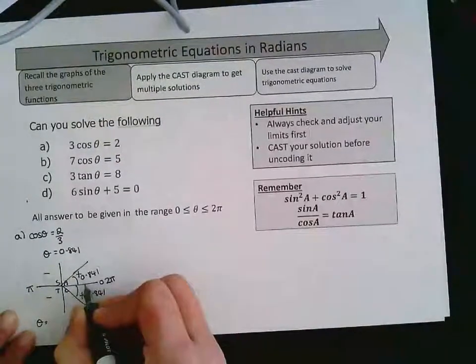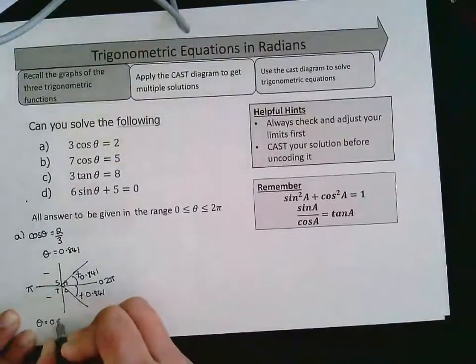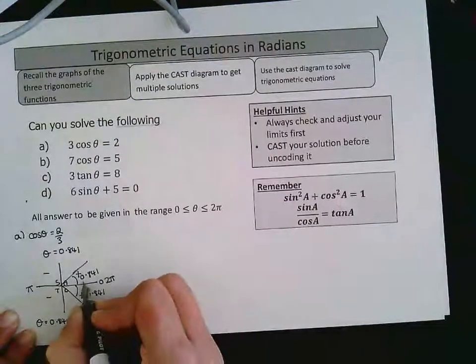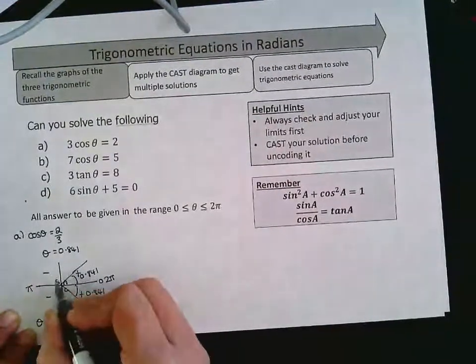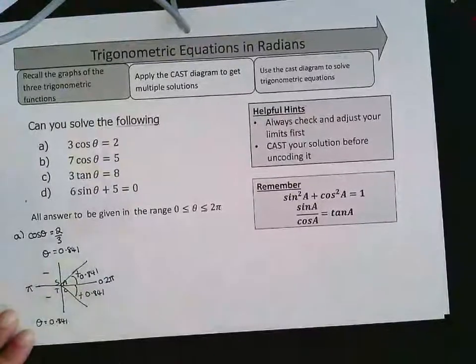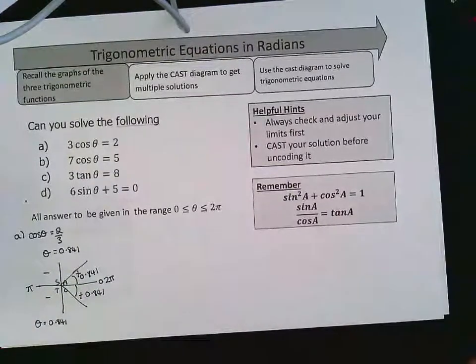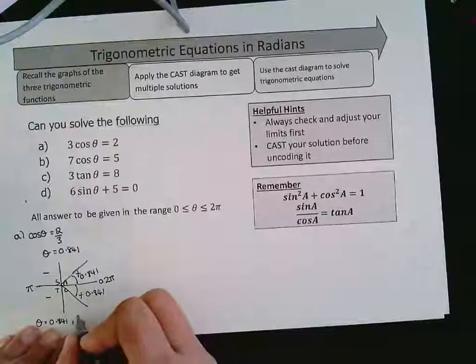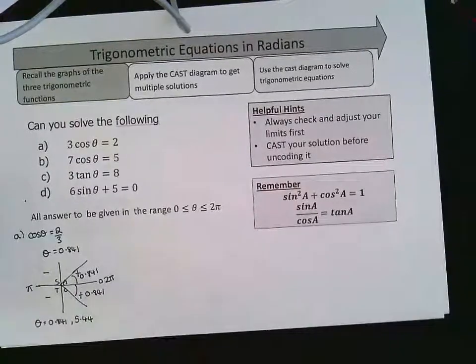First one is 0 plus 0.841. And then how far do I turn from 0? So that'll be 2 pi, take away 0.841, which would give me, to 3 significant figures, 5.44.